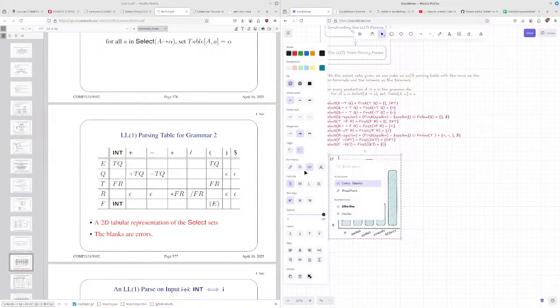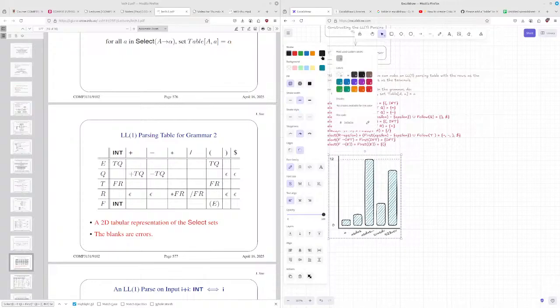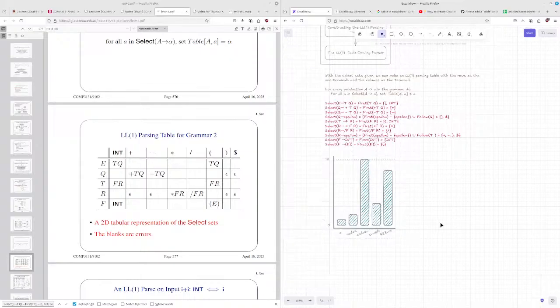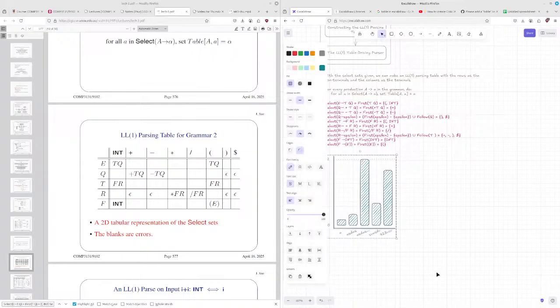That's a crazy feature. It's not what I'm looking for, but it's cool.